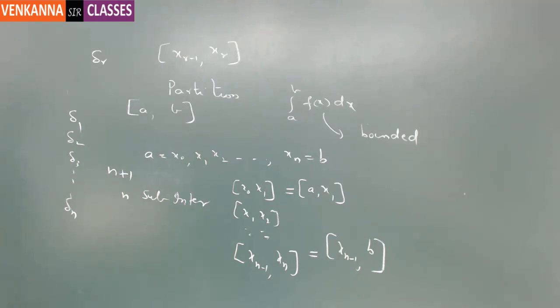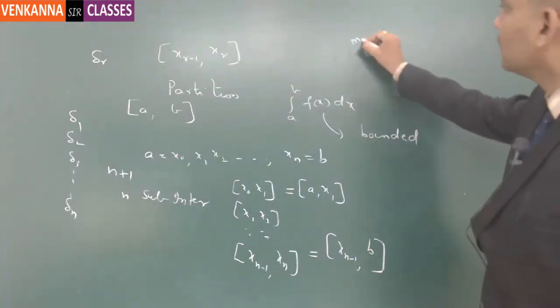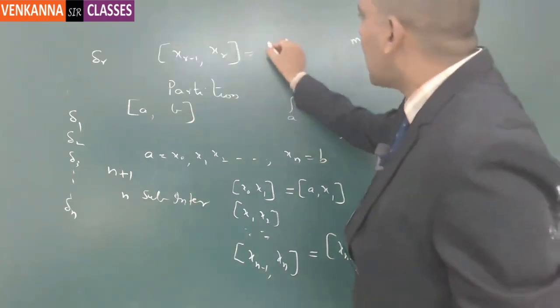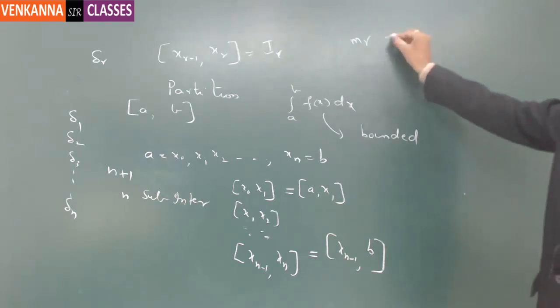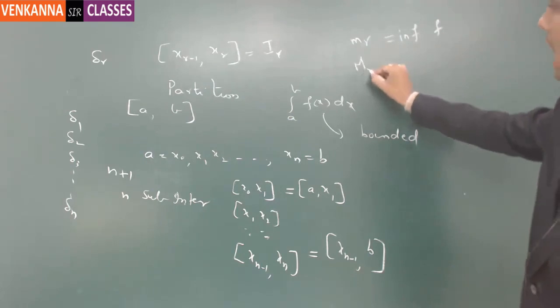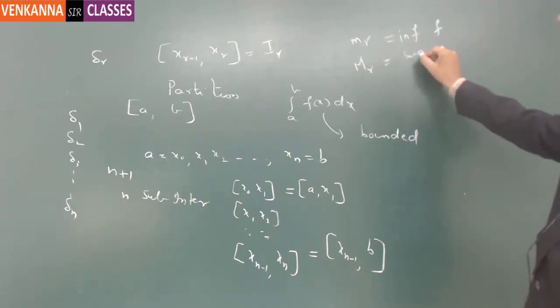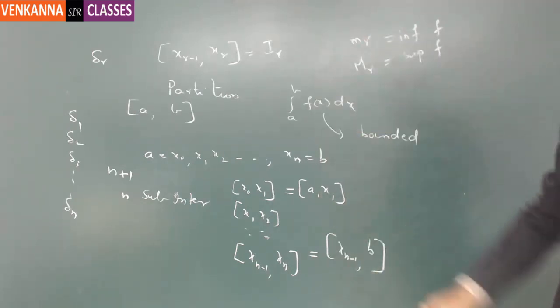We are going to calculate the smallest and biggest value of the function on each subinterval. For that, whenever you take the rth subinterval Ir, its infimum will be denoted by mr and the supremum will be denoted by capital Mr. Now why are we doing all this?